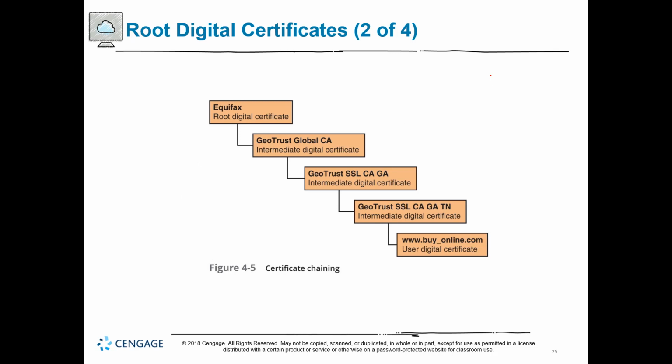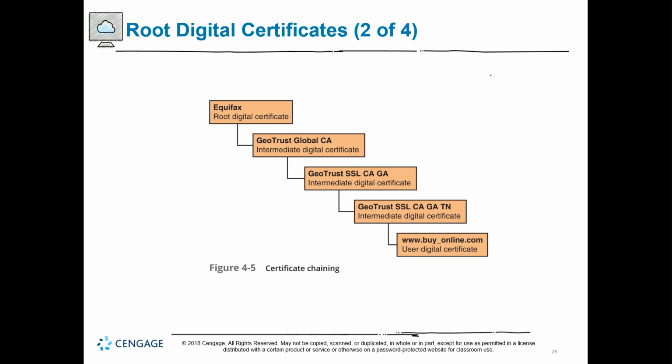Equifax might be the root certificate. We may have an intermediate digital certificate. There's still a certificate authority, but they are intermediate certificate authorities. We trust the top layer. They trust the subgroup, so we trust all the way through.